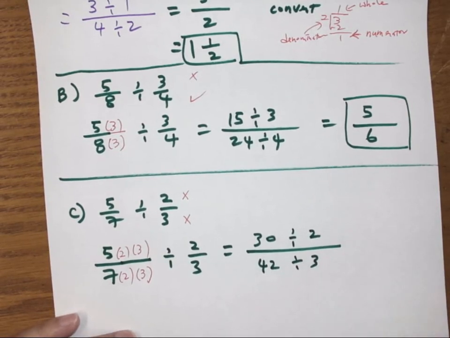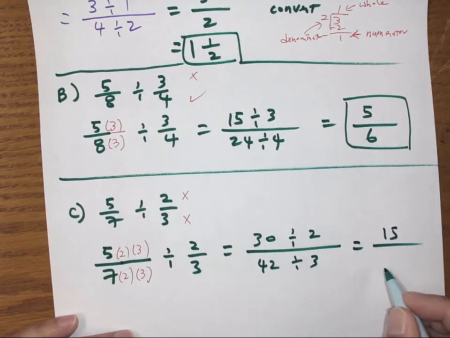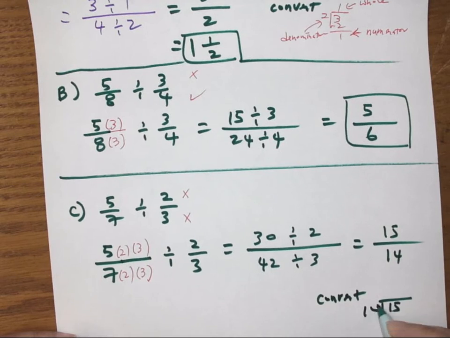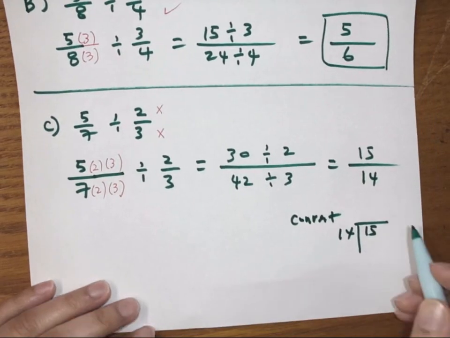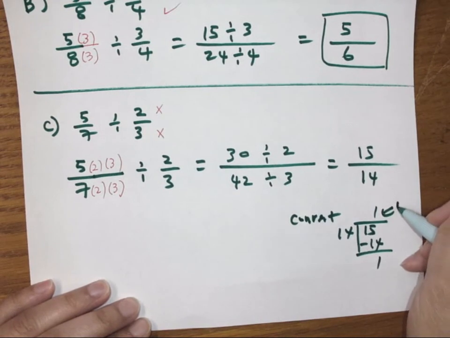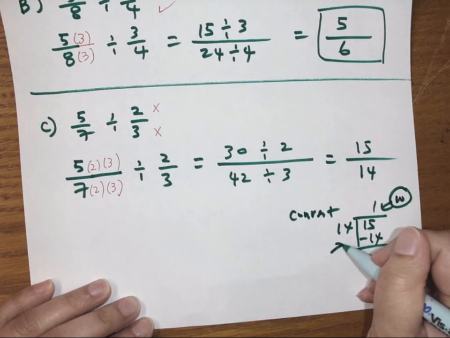So now divide straight across. On top we have 15, on the bottom we have 14. Oh, we have to convert it again because that is an improper fraction. 15 divided by 14 means 14 times 1. Since we already spelled it out above, I can say whole number, numerator, denominator.